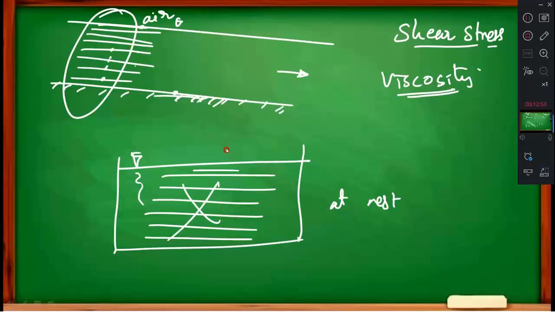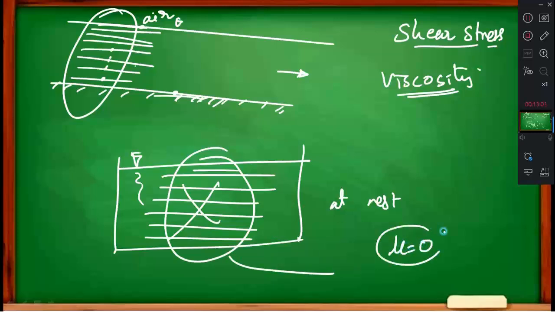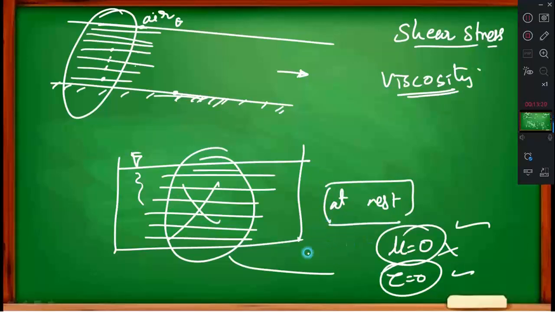Without the layer assumption, in a static fluid we will not see any viscosity or shear stress, because we don't have any motion. When there is no motion, there is no resistance. Therefore we don't have any viscosity or shear strength when the fluid is at rest. This is a very important question they may ask, an ultimate concept we should remember.